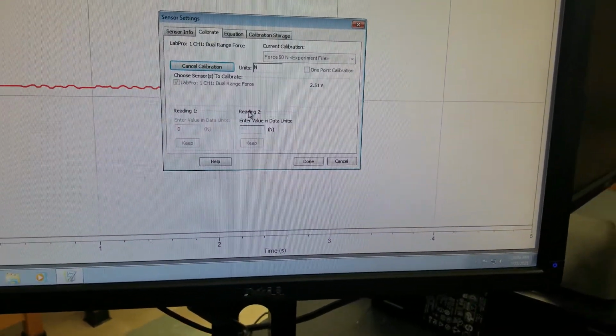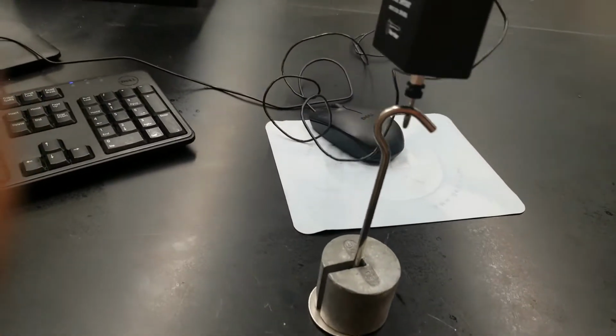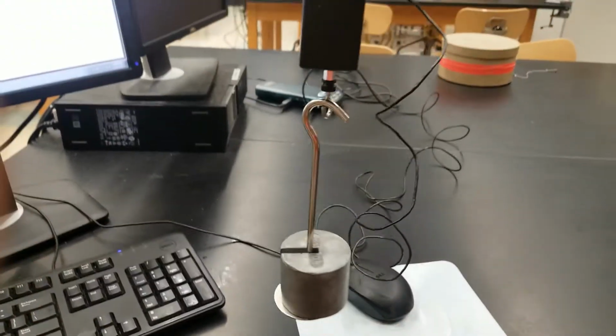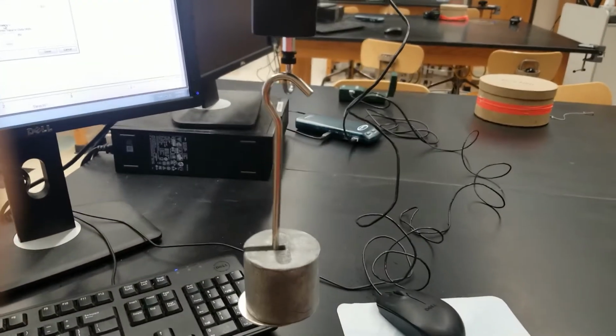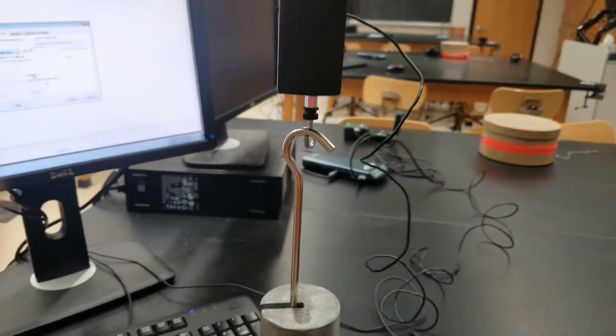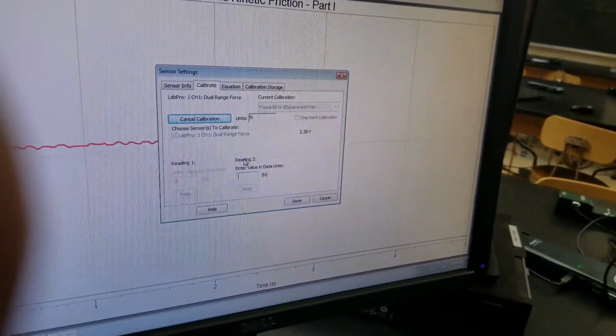Next, I'm going to hang 550 grams. In this case, the tension in the force probe equals the weight of the hanging mass, and that's 5.3 Newton. So I'm going to type in 5.3 Newton.